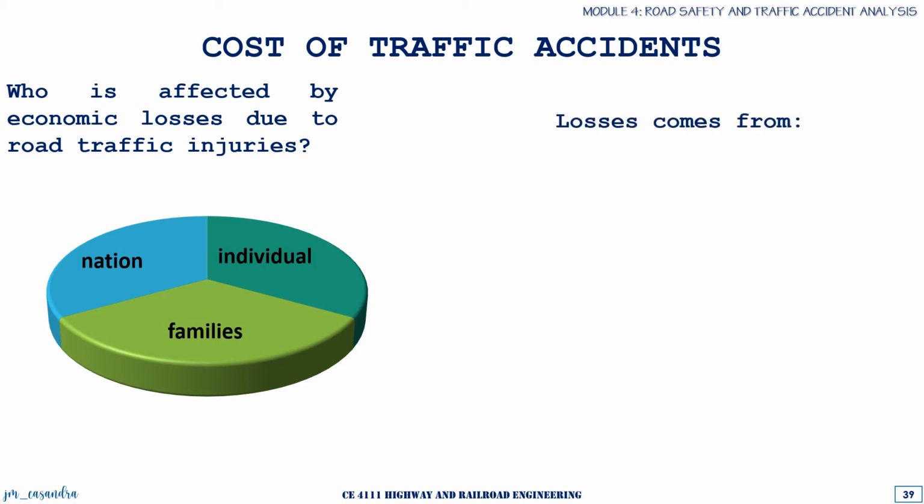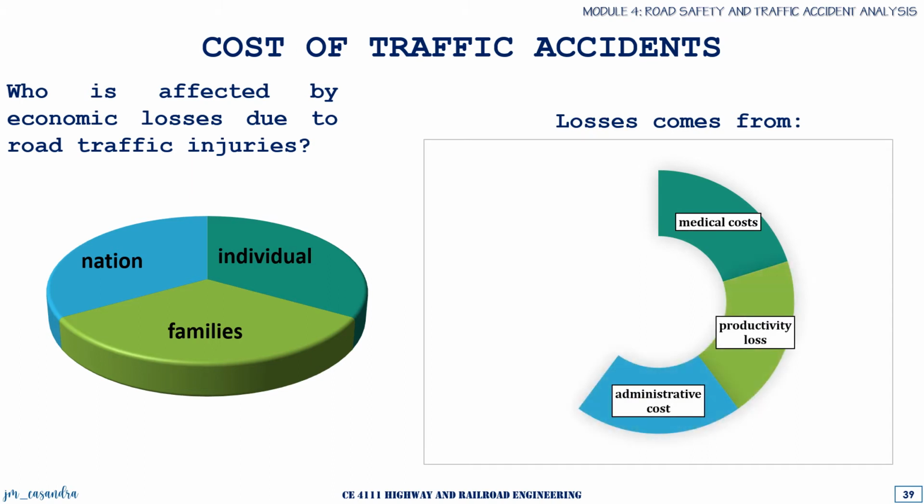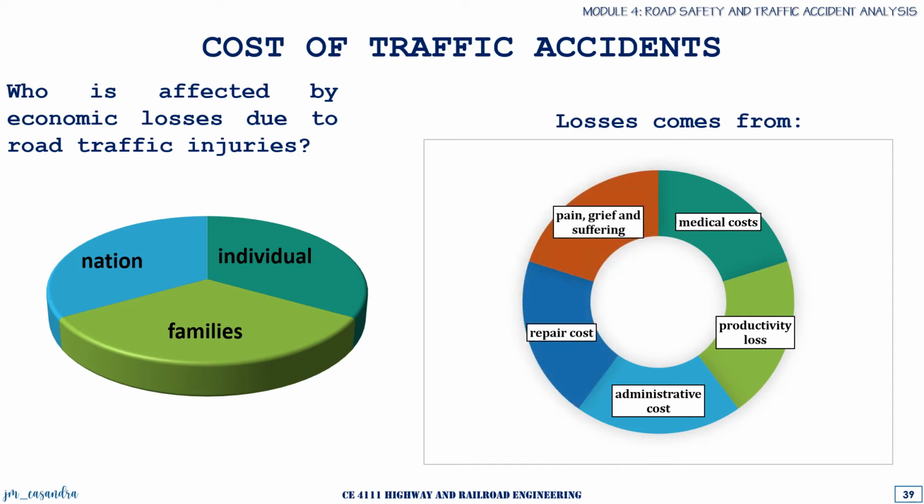So the economic losses from these accidents would come from the medical cost, productivity loss, administrative cost, repair cost, and the pain, grief, and suffering cost, which are what we call the cost components of traffic accidents.